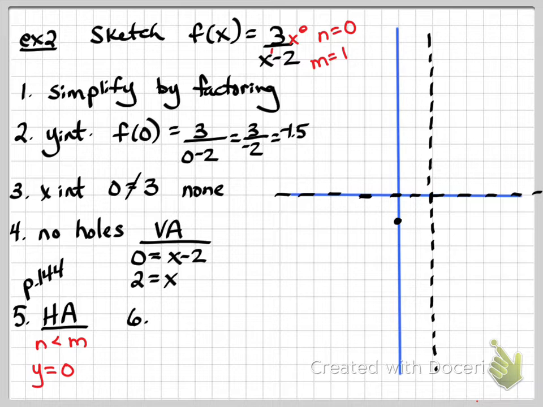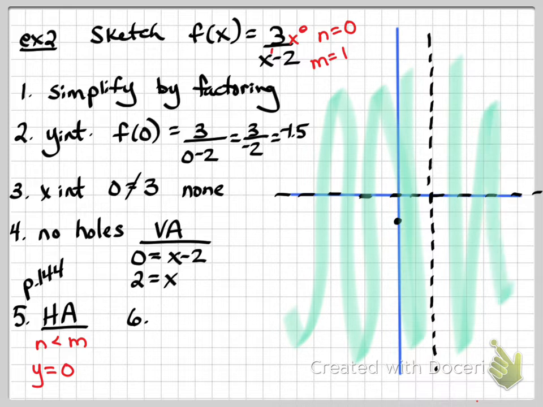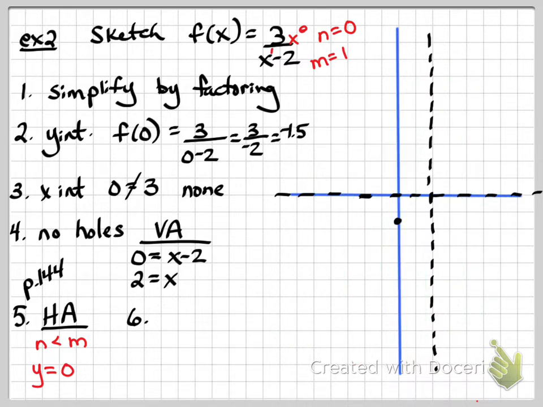We don't have any x-intercepts to check. We're looking on this side of the vertical asymptote and this side of the vertical asymptote. On the left of the vertical asymptote, we already have a point, right here. So we're going to use that point to help us sketch.